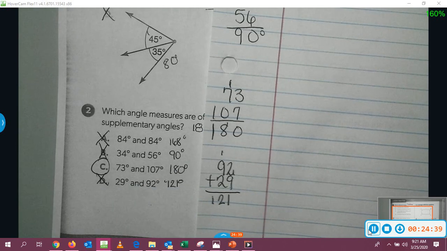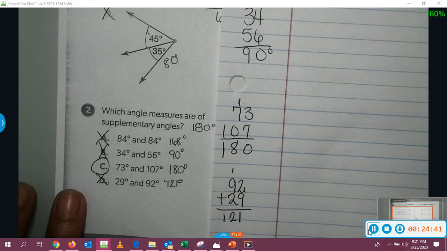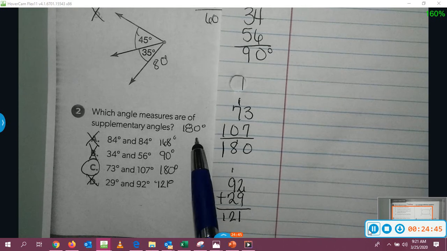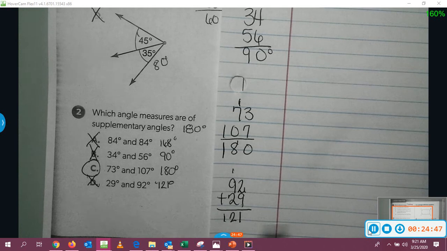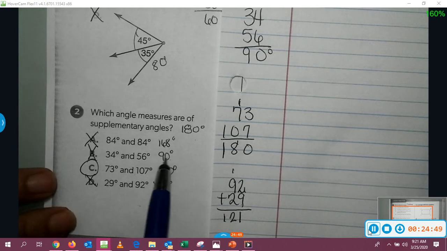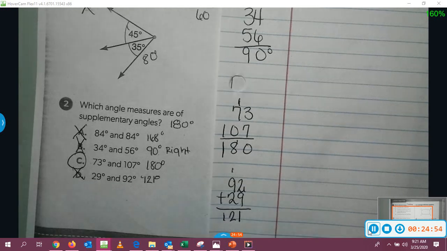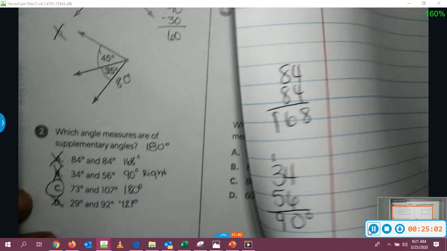We found our answer by adding the two angles and seeing which one equals 180. They tried to get you here because you see this is a right angle. They're banking on you to say, hey, that's 90. No, it's not. Let's go to number 3.